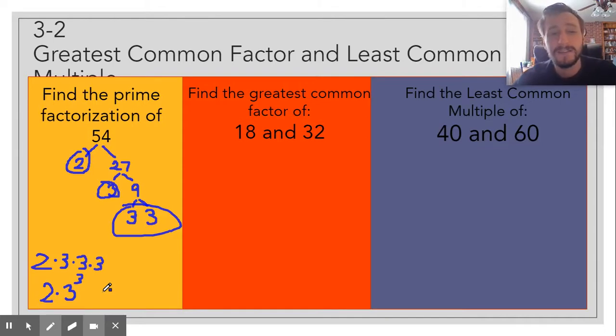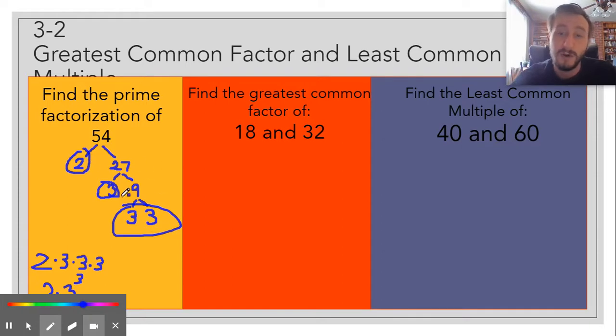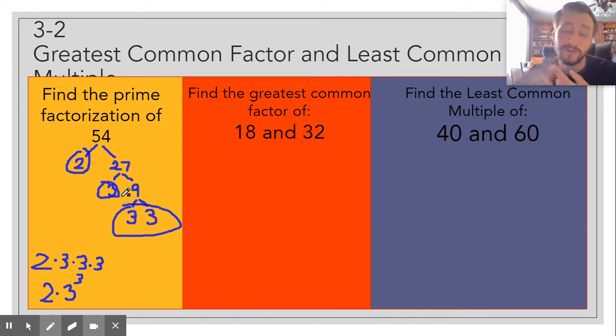Now let's see if we can find the greatest common factor. When we learned this, I showed you 2 different methods. We could do the factor tree method, or what I think is easier is the ladder method. And the reason I choose the ladder method is because it can give you the greatest common factor and the least common multiple by doing the exact same steps.